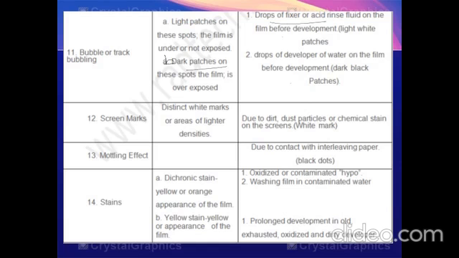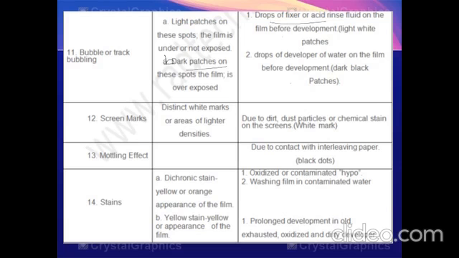So before mo siya isawsaw dun sa developer, natalsikan siya ng fixer. Or drops of developer or water on the film before development. So pwede ring natalsikan siya ng developer pero hindi pa siya actually nasawsaw.